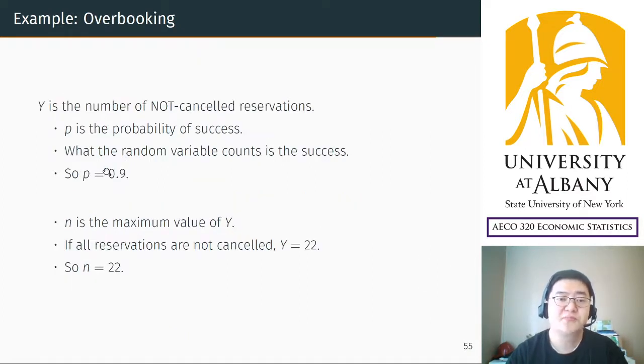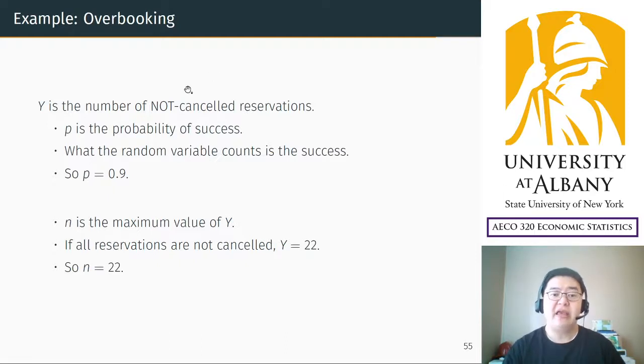So the trick is, first, I am counting the number of non-canceled reservations, non-cancellations. In our previous example, I counted the number of cancellations, but here I'm counting the other side. Why does it matter?